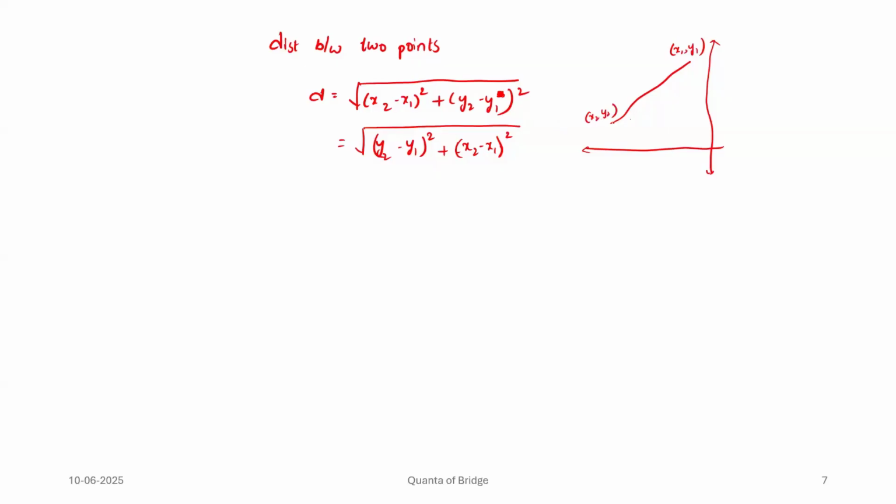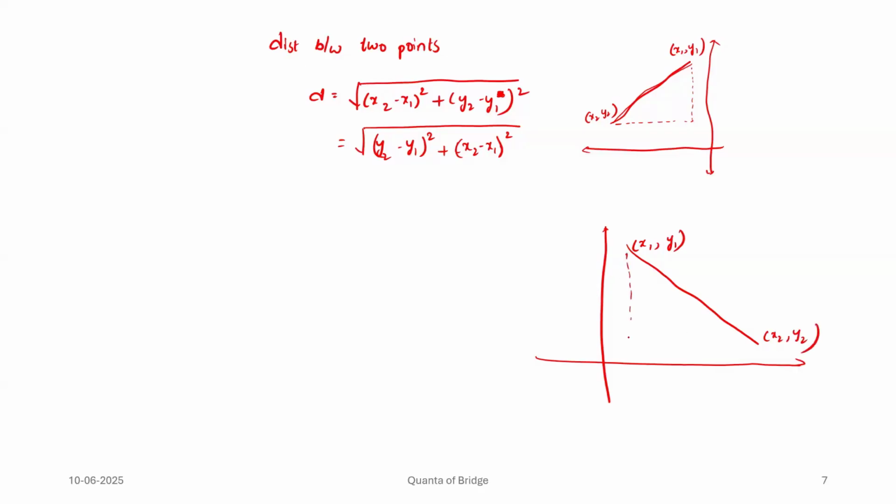So assume that this line is a hypotenuse. If you assume that the line is a hypotenuse, this is the base and this is the height. I'll give it in this way, which will be very easy to understand. This first quadrant will give you a clearer picture. So assume that this one has x1, y1 and this one has x2, y2.